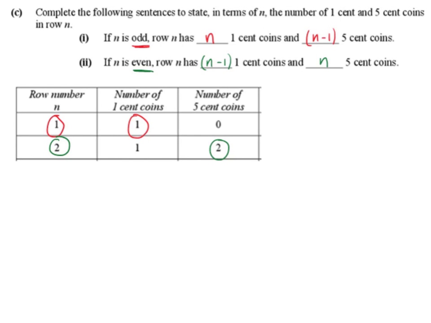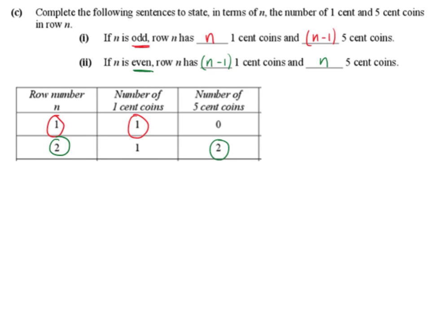So we're going to use this to help us fill in these blanks. So if n is odd, so here's n, and in the first row we have 1, and 1 is an odd number. So if n is odd, in this case n is 1, then row n has n 1-cent coins.